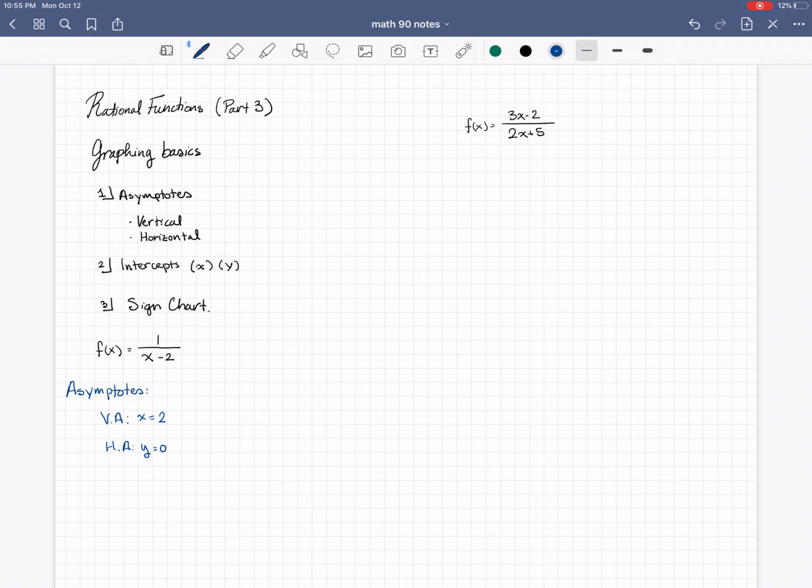Now for the intercepts. Well, remember, x-intercepts are where the numerator would be equal to 0. The numerator here is 1. It's a constant. It's never going to be equal to 0. So there are no x-intercepts.